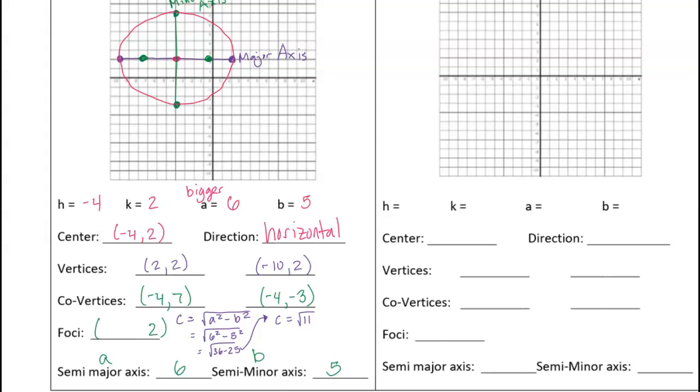So I leave the K value alone, and I'm taking my H value, which is -4, and adding and subtracting my C value of square root of 11, which is about 3 1/3. So I got them pretty well. If you were wanting to graph them, I would do from the center over 3 1/3 and 3.